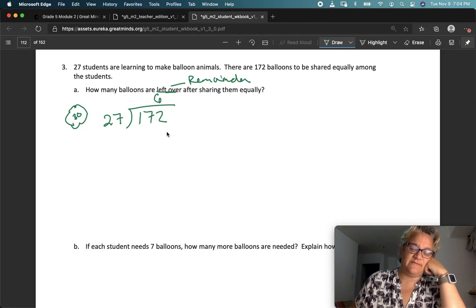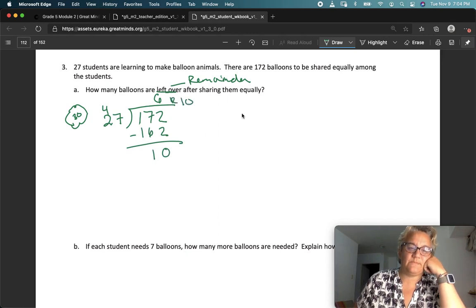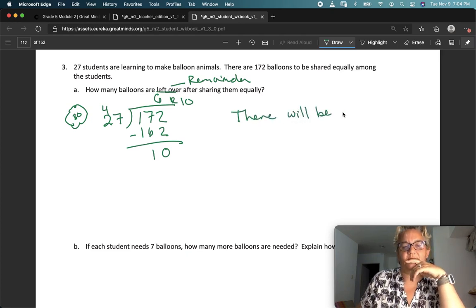So 6 times 7 is 42, carry the 4. 6 times 2 is 12, 13, 14, 15, 16, which leaves us with 10 remaining. There will be 10 balloons left over.